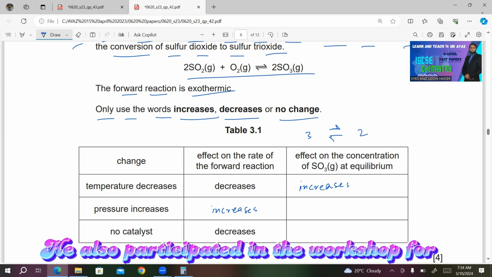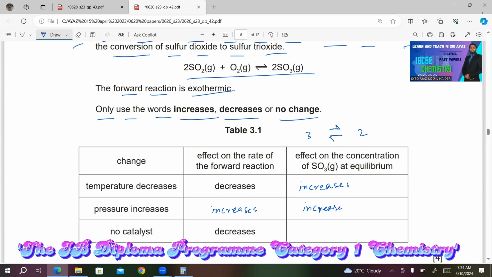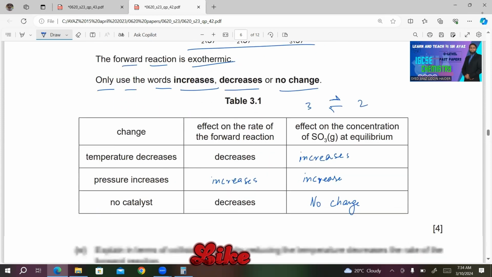So you'll have high concentration of SO3 at equilibrium. So you write increase. What about catalyst? If you are not using any catalyst, the rate will be decreased. But what about the concentration? Catalyst has no effect on the equilibrium. So you write no change.